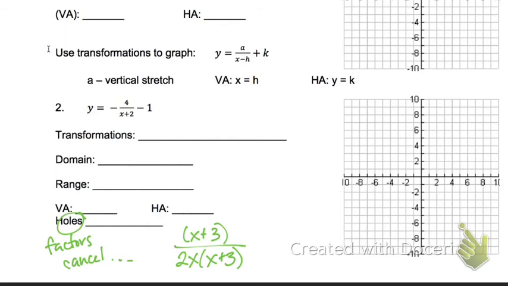But if I had this example, the x plus 3's would cancel and you would have a hole at x equals -3. So you just set it equal to 0, and that's where a hole would be. Holes only happen when something cancels. There are none for this example because nothing canceled. It only happens when you have an x on the top and an x on the bottom, when something cancels.